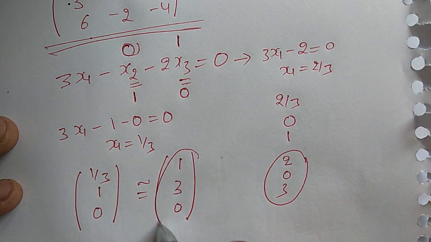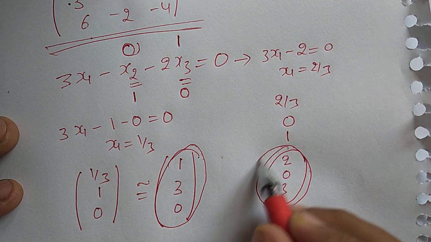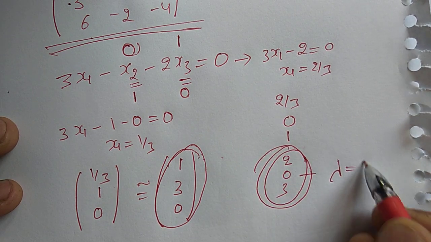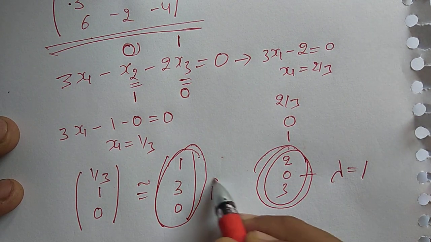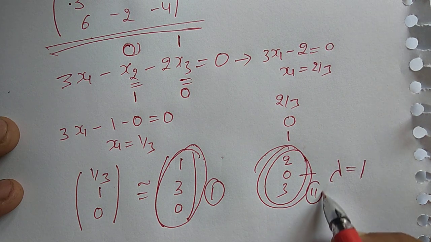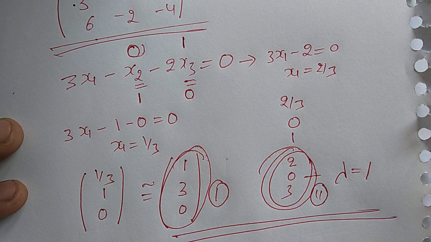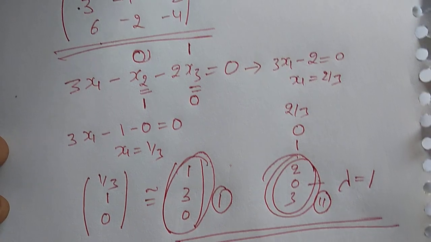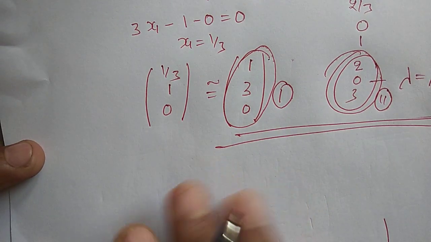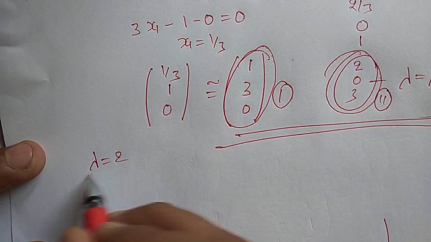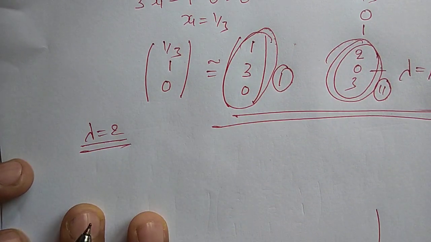So this is the first eigenvector and this is the second eigenvector for lambda equal to 1, and these two are independent eigenvectors. For lambda equal to 2, we can find the eigenvector as usual. Already we know how to find the eigenvector for lambda equal to 2.